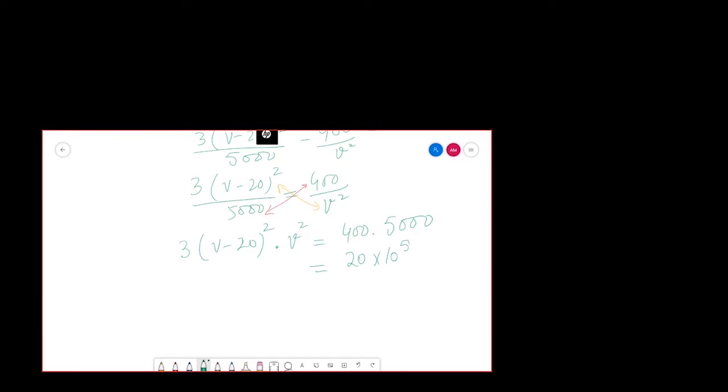So this becomes (3v minus 20) whole square into v square, and I open this bracket, so it becomes 9v square minus 120v plus 400 times v square.